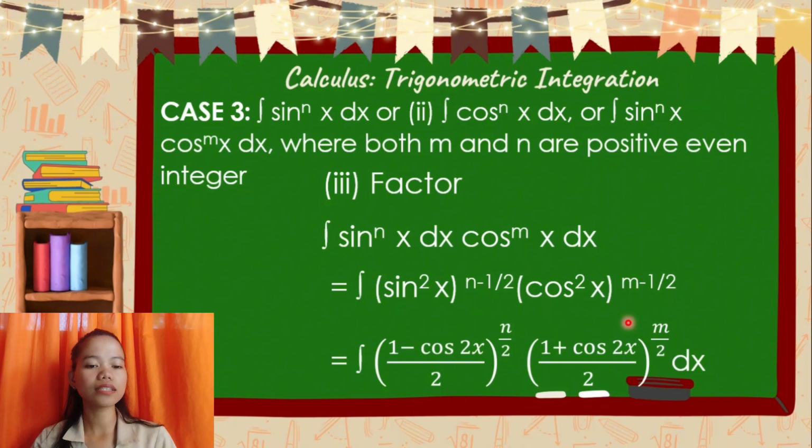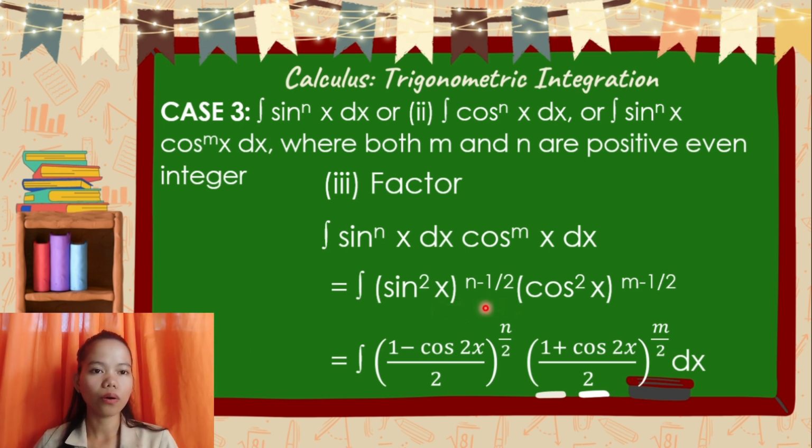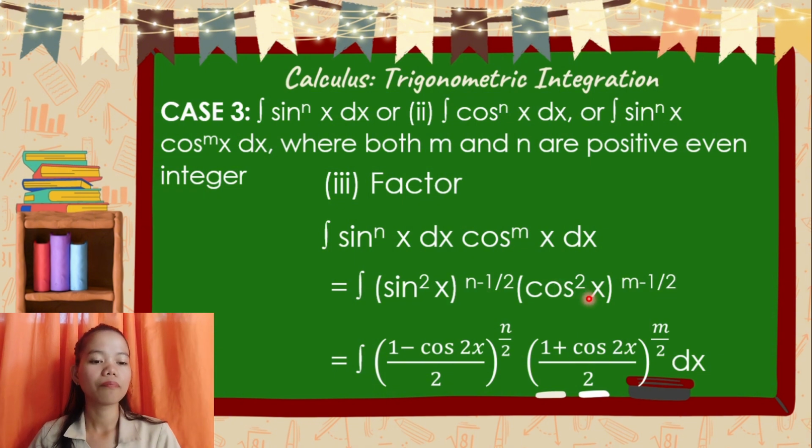So we write the sine raised to the power of n as the quantity of sine squared of x raised to n minus 1 over 2, multiplied by cosine m of x dx, which is written as the quantity of cosine squared of x raised to the power of m minus 1 over 2.